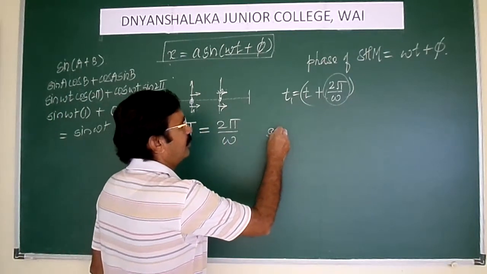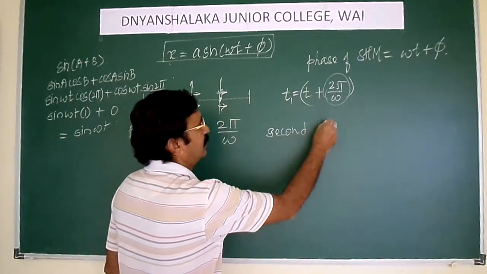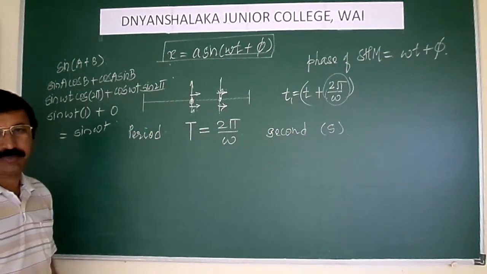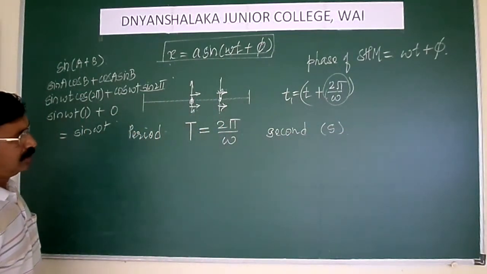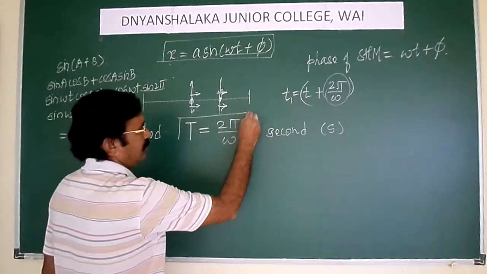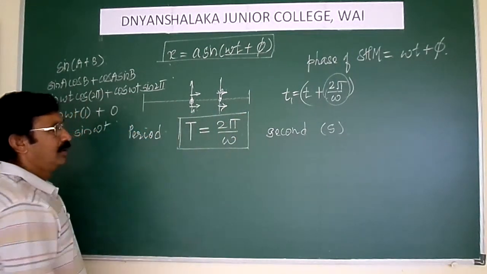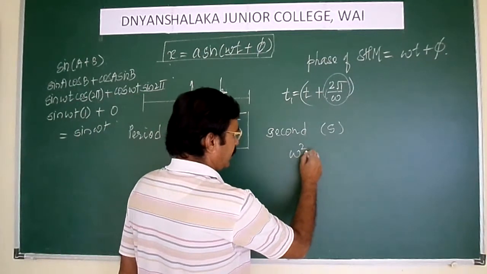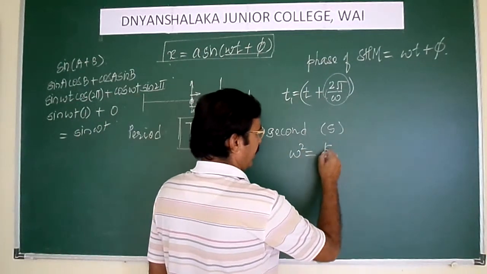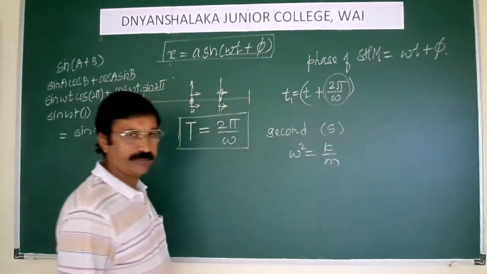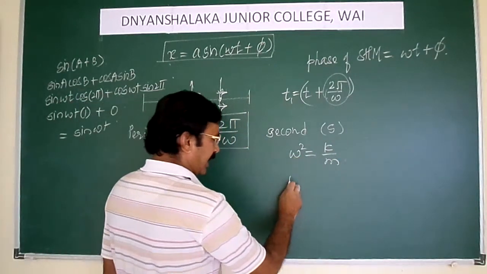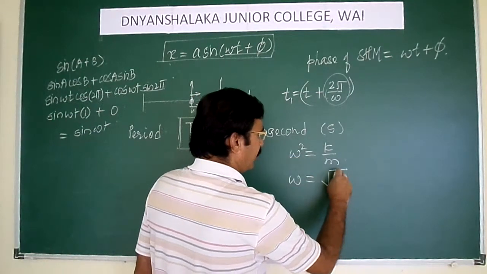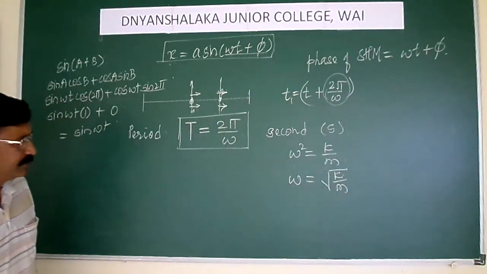Its unit is second or s. We also know omega square is k upon m. So omega can be expressed as root of k upon m, where k is the force constant.